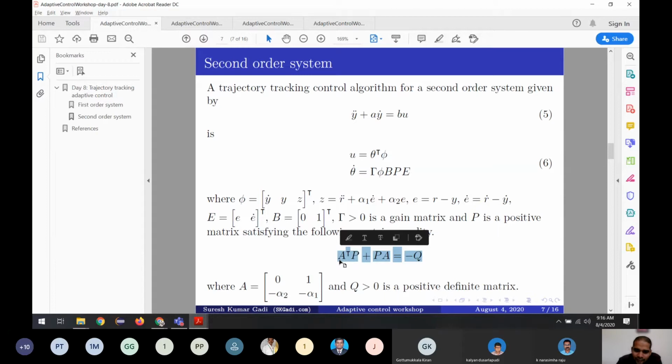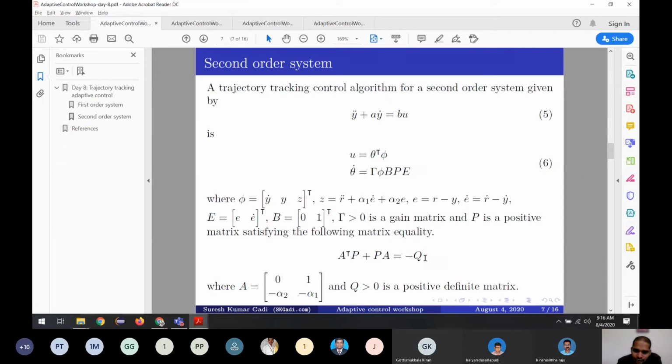If it is not in our syllabus, we don't have to discuss it, but make sure these are matrices, and A is the one with the dynamics. P is a positive matrix. Again, what does positive mean? The transpose of P is P, and all its eigenvalues are positive. A transpose P plus P times A is equal to minus Q. What is Q?